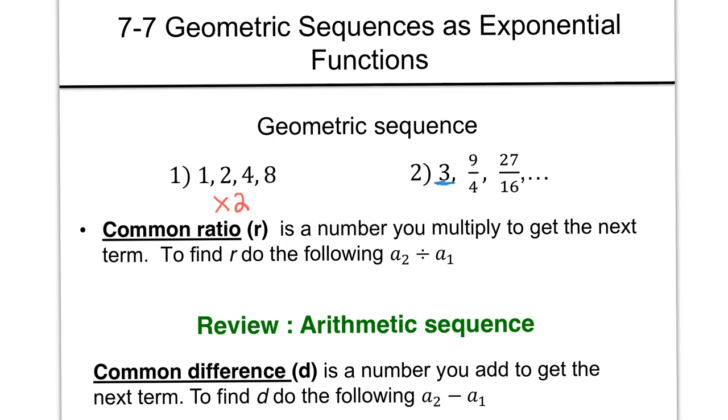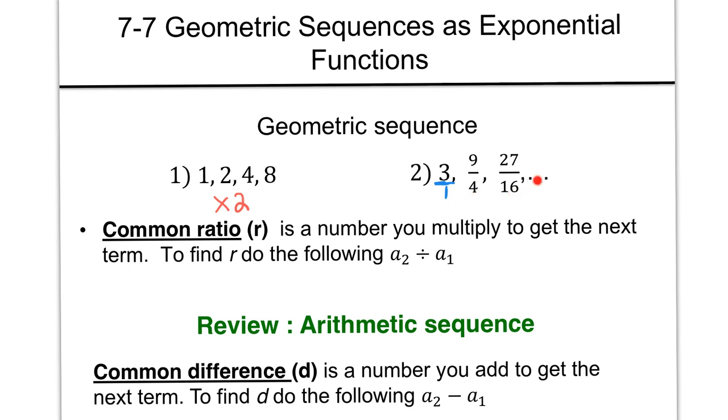When you have that fraction, you can look at what's happening to the top and what's happening to the bottom. On the top, look at the numbers 3, 9, 27. Now it's more clear that you're multiplying by 3 on the top. 3 times 3 is 9, 9 times 3 is 27. On the bottom, you're multiplying by 4. 1 times 4 is 4, 4 times 4 is 16.